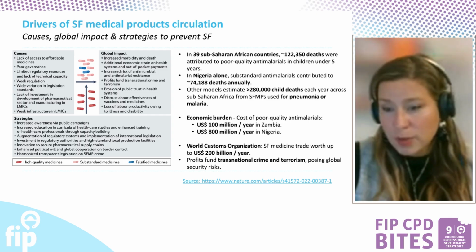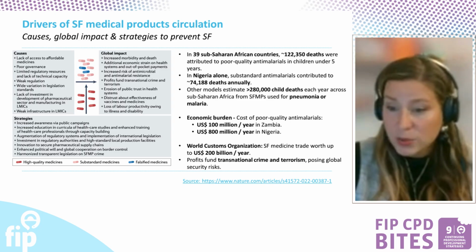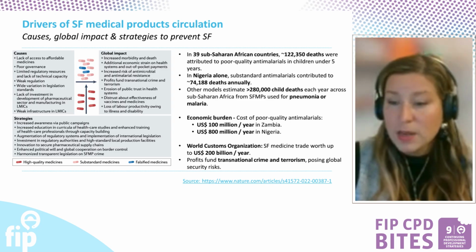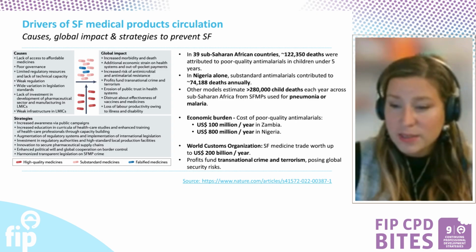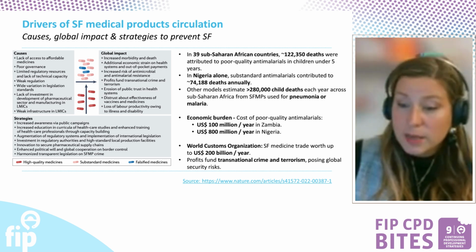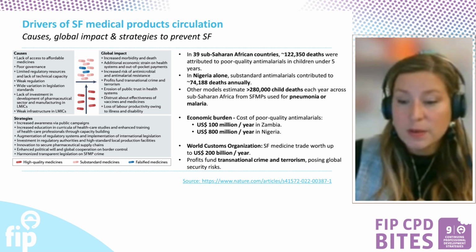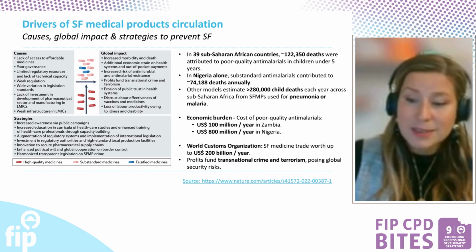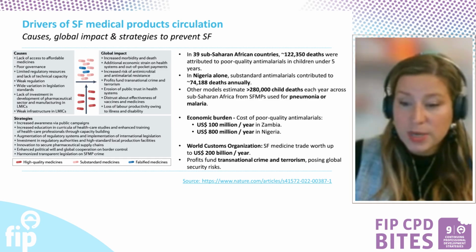Perhaps most importantly, the framework captures the feedback loops that sustain this crisis. When patients receive poor quality medicine, they lose trust in formal health systems and often turn to informal or online markets, which only fuels further spread of falsified products. This systems lens also helps explain the scale of harm we see in sub-Saharan Africa, where overlapping vulnerabilities translate into devastating human losses.